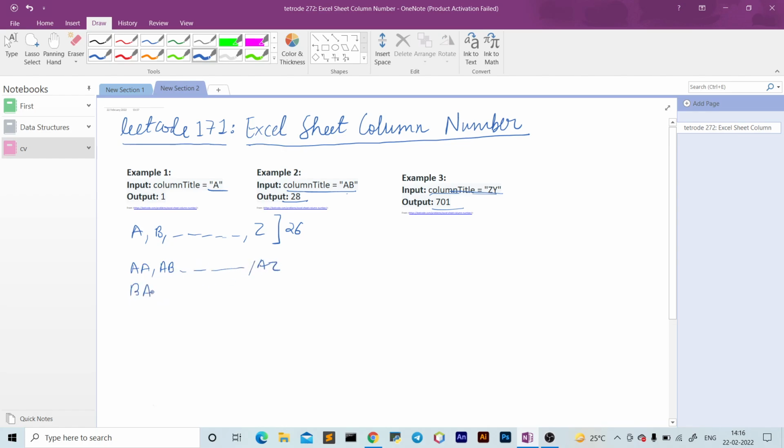Similarly BA till BZ. Similarly till ZA, ZB and ZZ. Now this whole level is of 26 square possibilities.